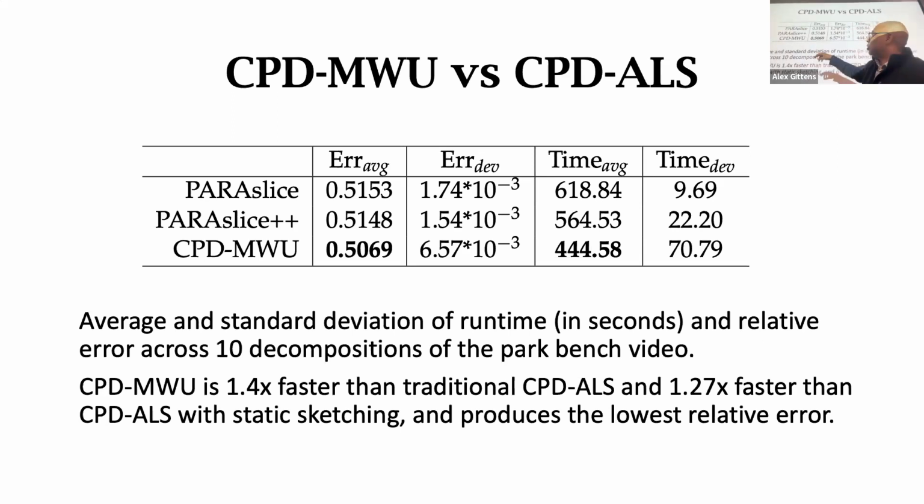Okay, so this is actually giving this a lot of advantage. And you can see that even accounting for the standard deviations, this algorithm gives us a lower error and faster. Okay. And of course, these standard deviations are larger because there's more randomness in the algorithm.